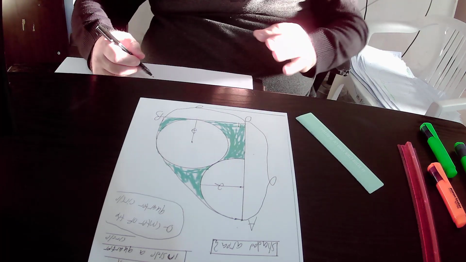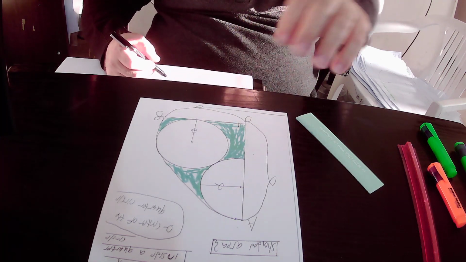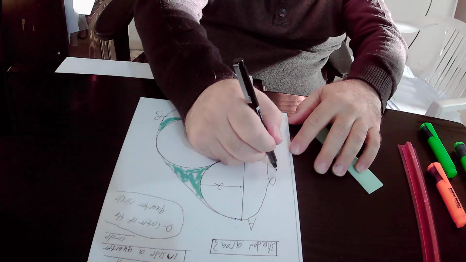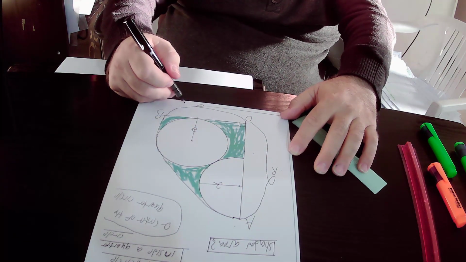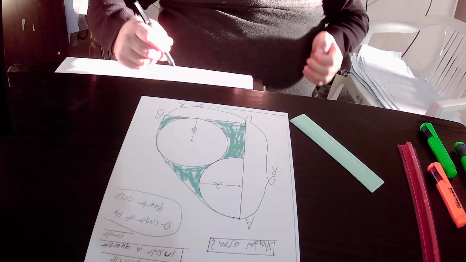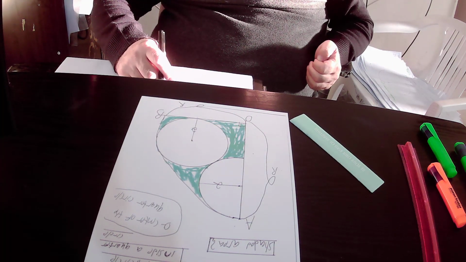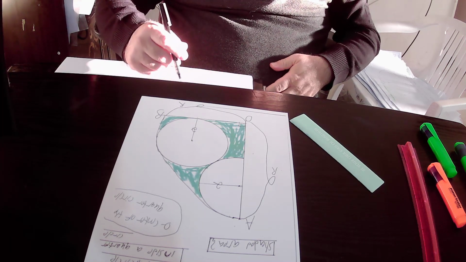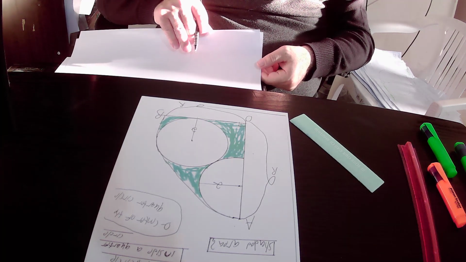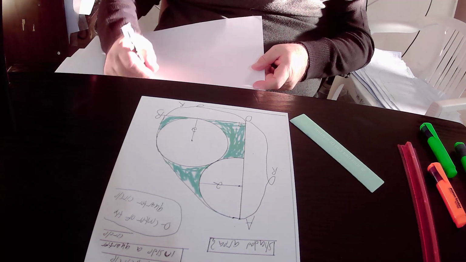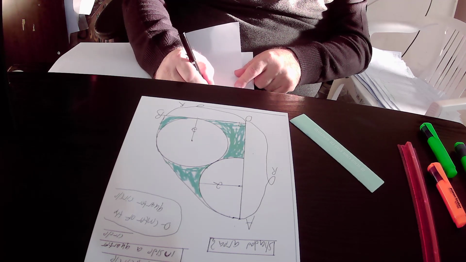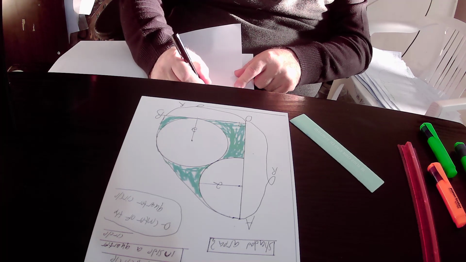So we will define the radius of this quarter circle as capital R, and therefore AO will be equal to capital R, and OB will also be equal to capital R. I will write here that capital R is the radius of the quarter circle.